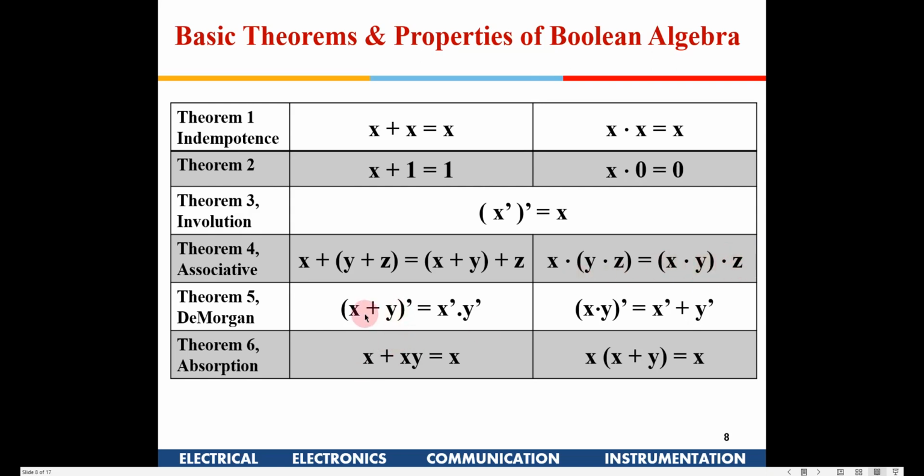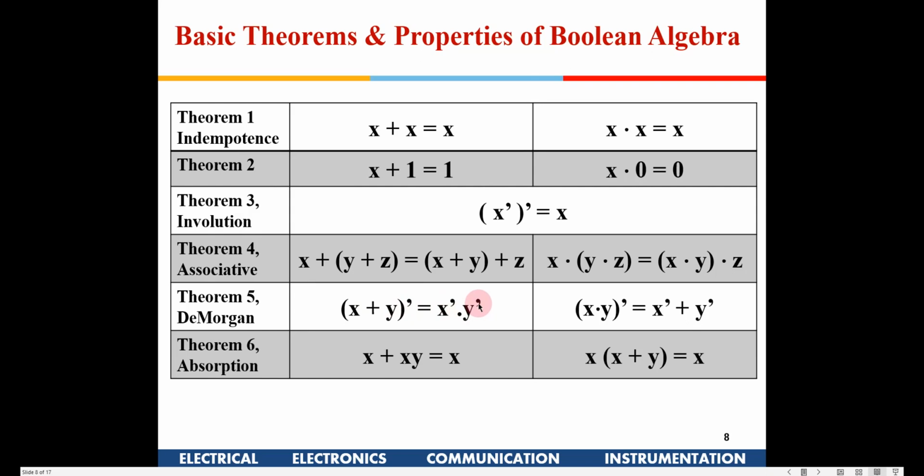Now this is a very important theorem. We will use this in many of the circuits, so you have to remember this particular theorem very well. It says the inversion of x OR y is x invert AND y invert.